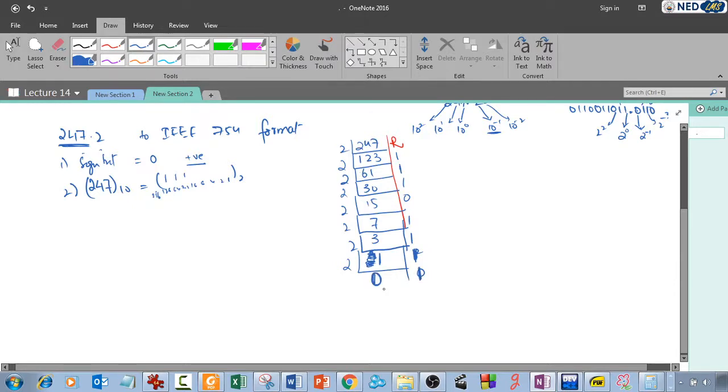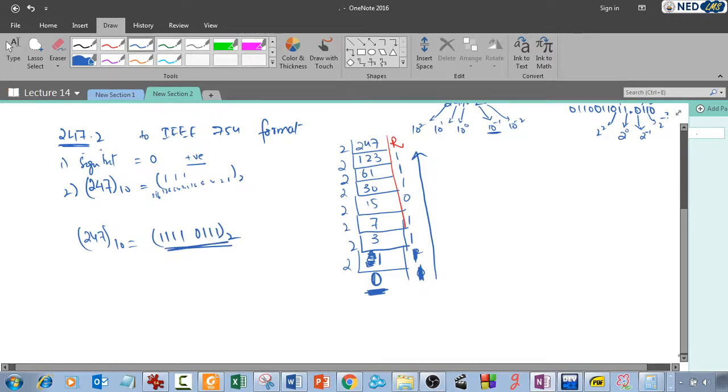So we end where we have 0 over here. Sorry about the mistake. We go in this direction, so that's the most significant bit. So 247 in base 10 equals 1111 0111 in base 2. This is the whole number part.